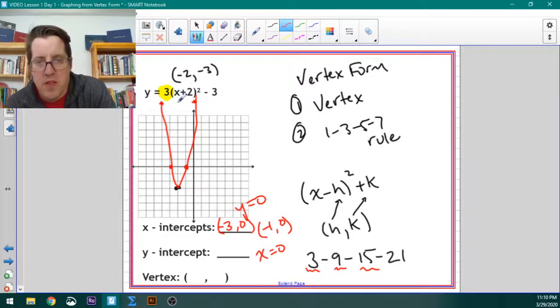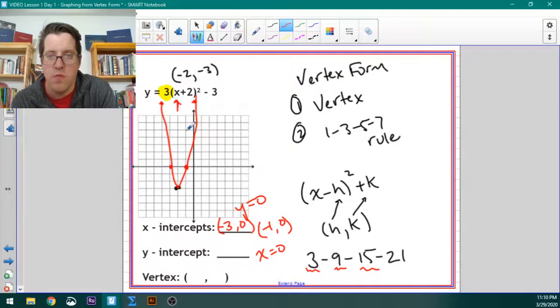So if I plugged 0 into the equation here, I would do 0 plus 2, then square that, then multiply by 3, then subtract 3. When I do all that, I'm going to get 9. My vertex is going to be that pair that I already found, -2, -3.